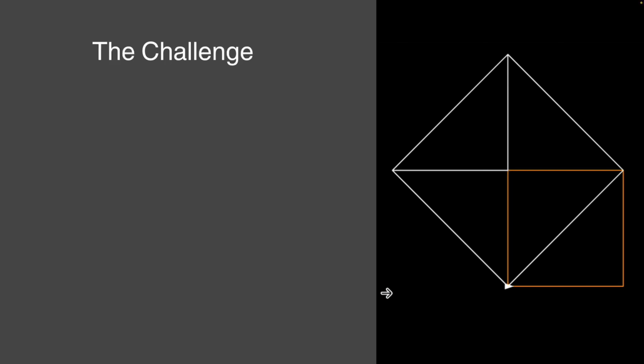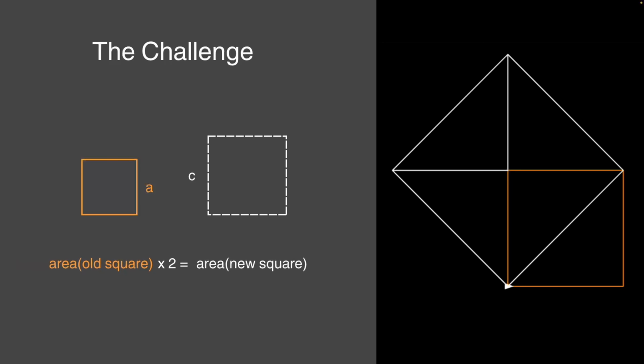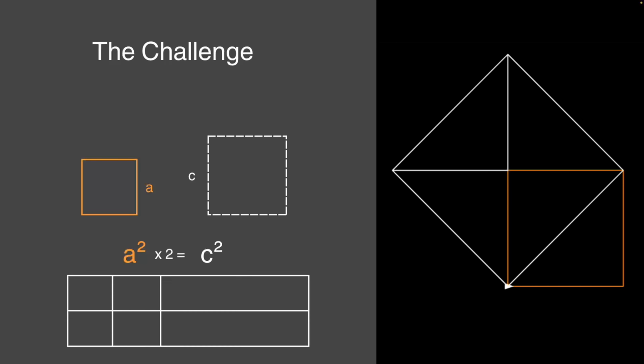Let's review what we did here algebraically. We started with a square of side A, and we wanted to draw a new square of side C, with twice its area, to get this equation. In our drawing, A was equal to 1, and so C squared was equal to 2. However, it was hard to determine what the value of C should be, at least at first.